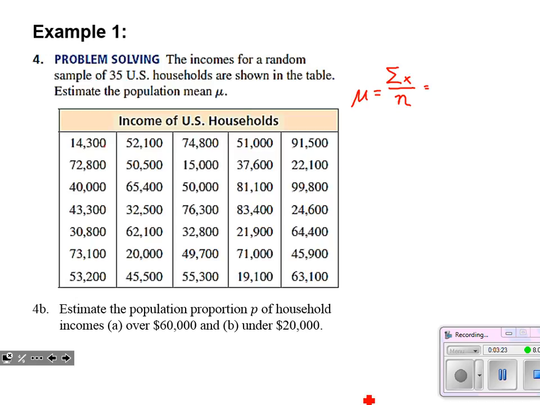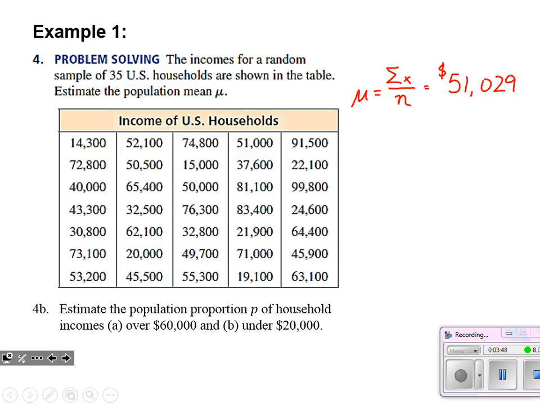When I calculate that out, yes, it's going to take some time to type in all of these numbers, but when we calculate that, we get $51,029. If we wanted to find the margin of error within this sample, you can see we've only sampled 35.